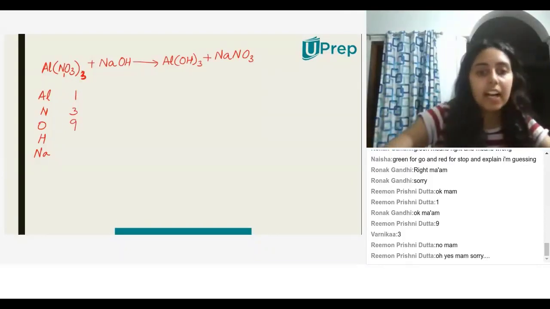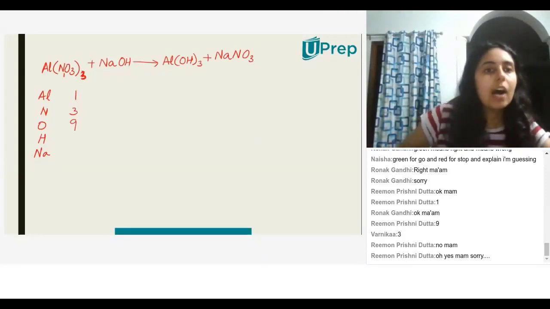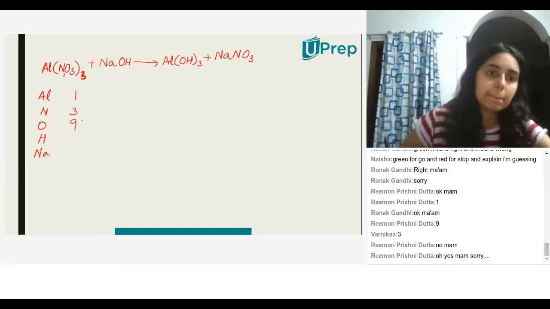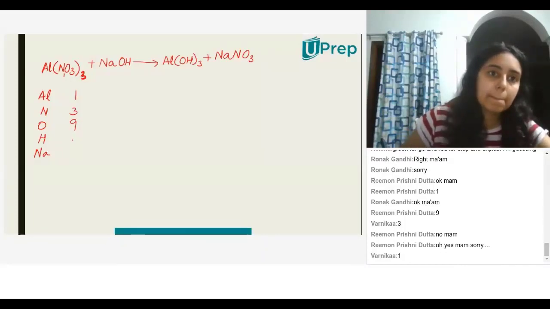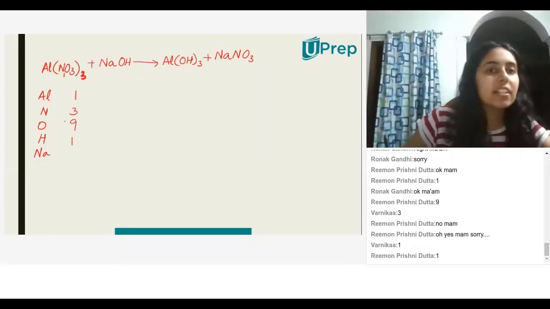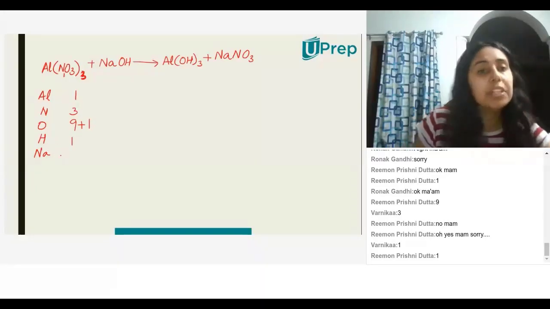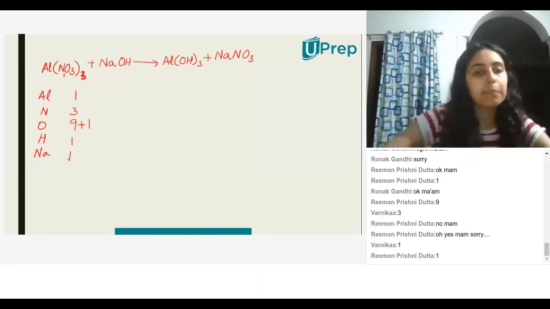Okay, cool. How many hydrogens are there on the left-hand side? I missed 1 oxygen here, so this is 9 plus 1. And sodium 1.